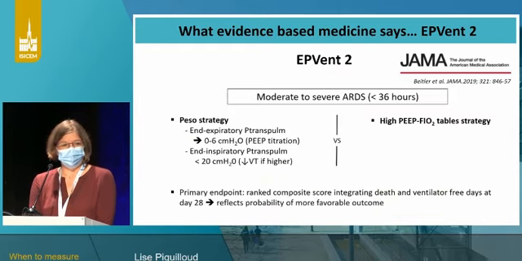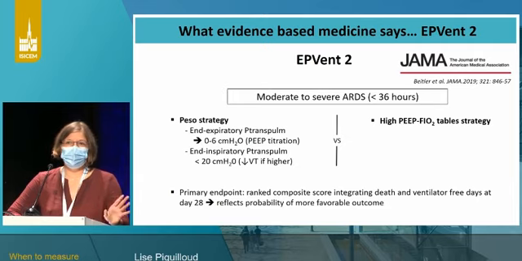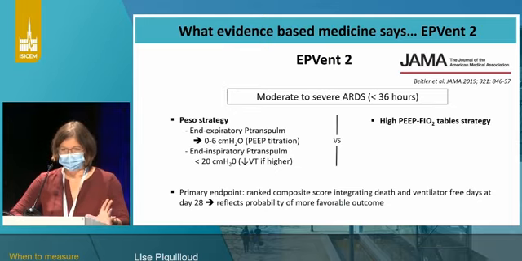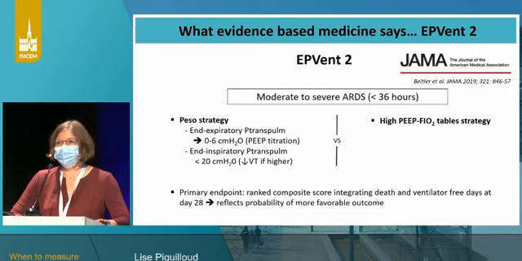And then there was EPVent 2, published in 2019. The idea was the same: a control group with a PEEP FiO2 table strategy, with relatively high PEEP in the table that was used, and an esophageal pressure strategy for the intervention group. A bit different.